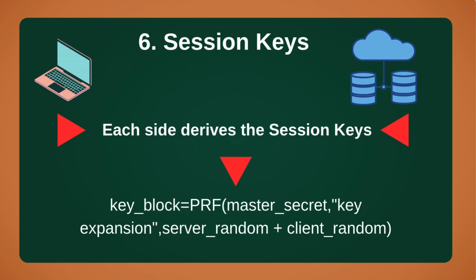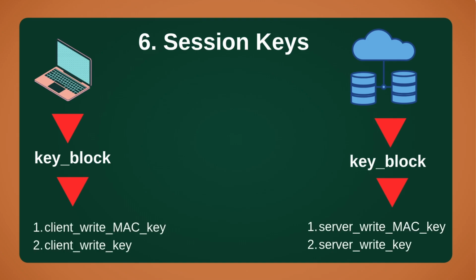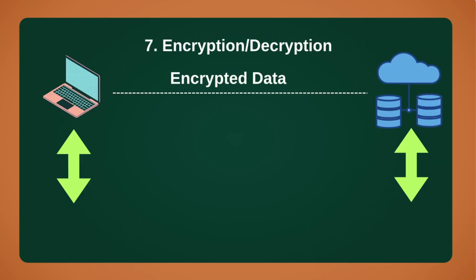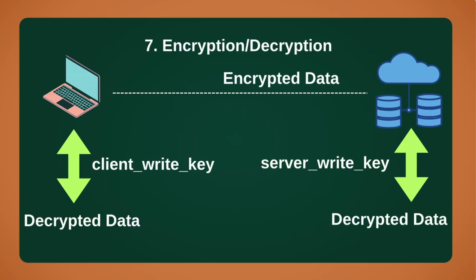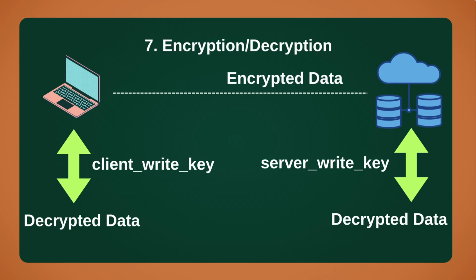From the master secret, both sides derive symmetric session keys for encryption and MAC keys for integrity verification. These are identical on both ends. 7. Encryption and decryption. Once keys are established, secure communication begins. Data is encrypted with session keys before transmission and decrypted upon receipt, guaranteeing confidentiality and integrity.